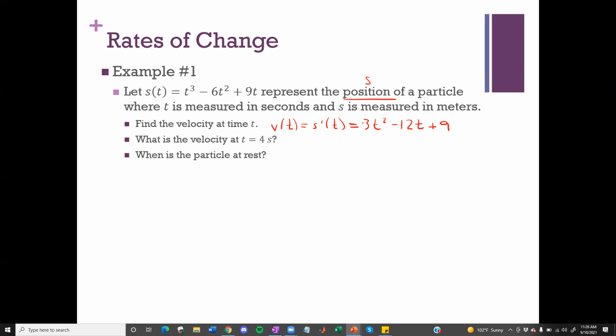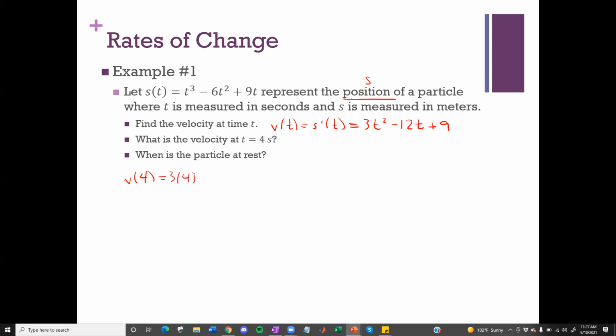Now I want to know what the velocity is when time equals 4 seconds. So now what should I do? Plug 4 into the derivative. There you go. The reason I'm bringing it up is sometimes you might know what the rate of change is, and you want to solve for some other quantity. I don't want v of t in general. I want v of 4 in particular.